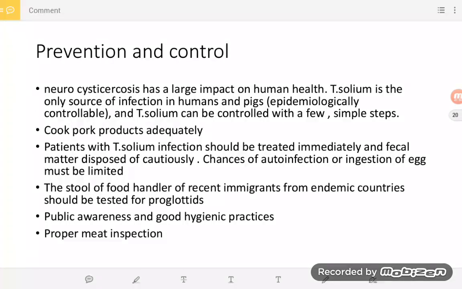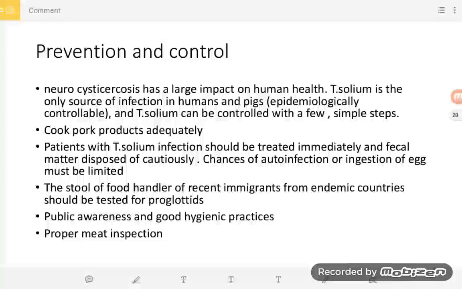On prevention and control: neurocysticercosis has a large impact on human health because neurocysticercosis is produced by the larval stage. That means when a human takes the egg, it becomes a larva. This larva lodges in the central nervous system and produces neurocysticercosis.